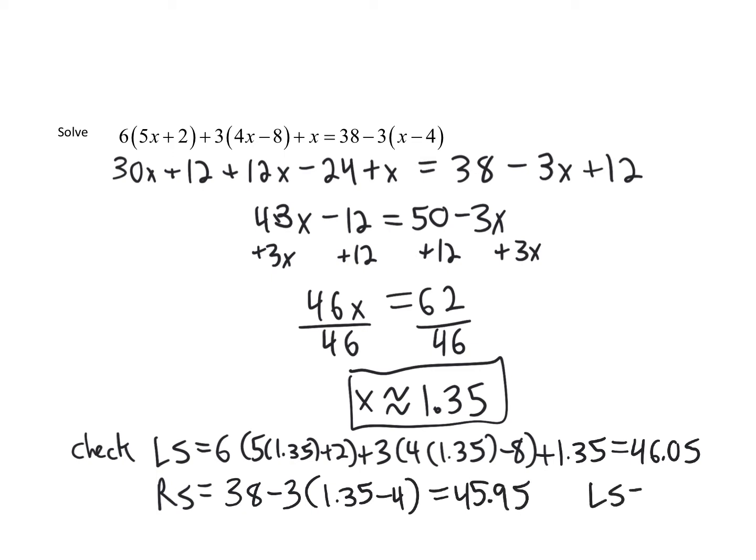Here we get the left side is equal to the right side, so we're good. Now, yes, one is 46.05, one's 45.95. There's some discrepancy due to rounding, but they are close enough to say that this is okay.